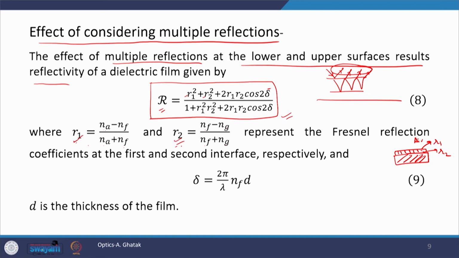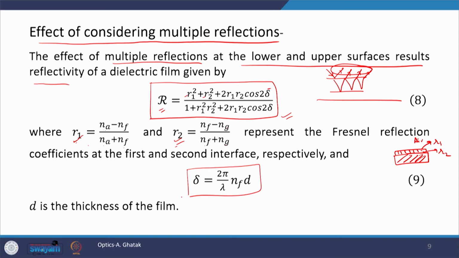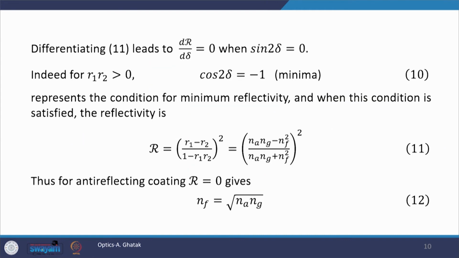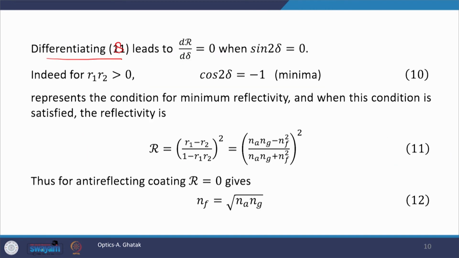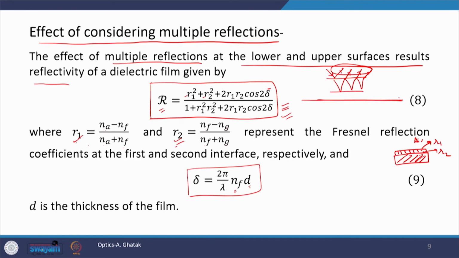R1 and R2 represent the Fresnel reflection coefficients at the first and second interfaces, and the phase delta is nothing but our conventional phase, 2 pi by lambda NFd. 2 pi by lambda is nothing but k, so k NFd is the phase, Nf is the refractive index of the film, d is the film thickness. Now, we differentiate equation number 8, which is this equation, with respect to the phase delta, as we want R to be 0, R to be minimum.